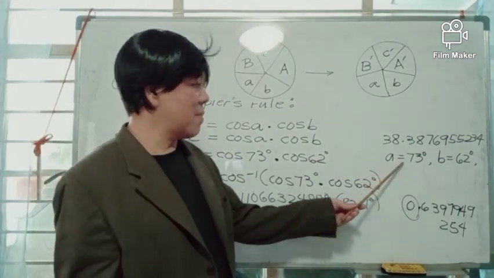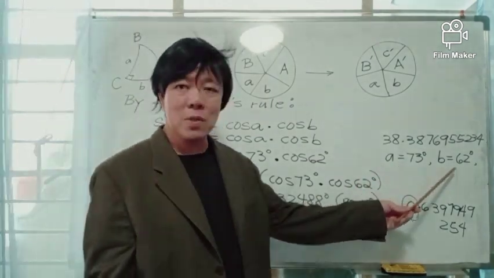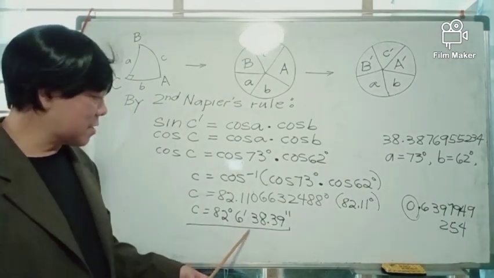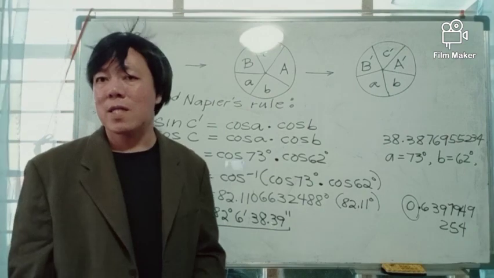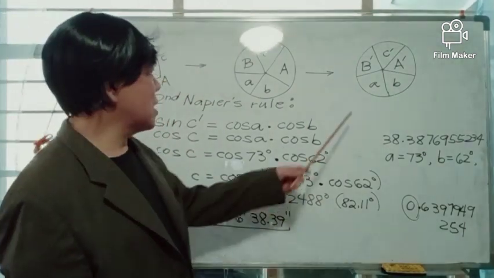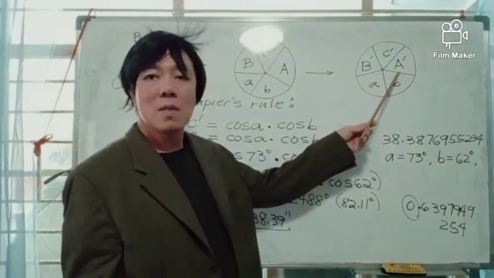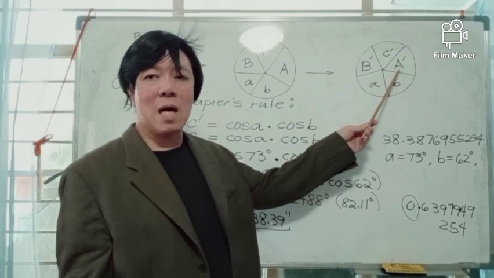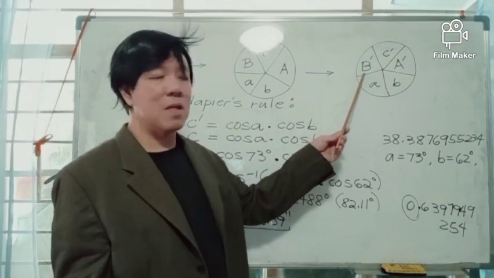The small a, 73 degrees, small b, 62 degrees, and small c, 82 degrees, 6 minutes, 38.39 seconds, and the right angle, capital C, equals 90 degrees. Only 2 parts now are to be computed, the surface angle, capital A, and the surface angle, capital B.